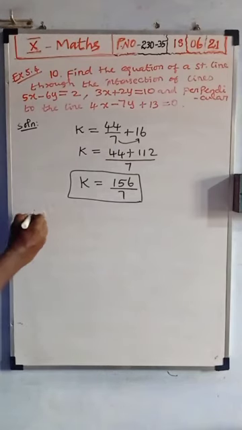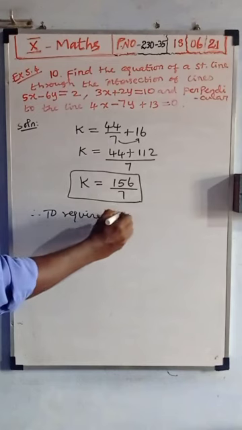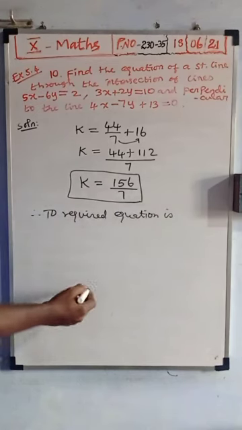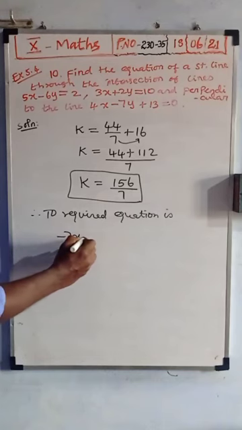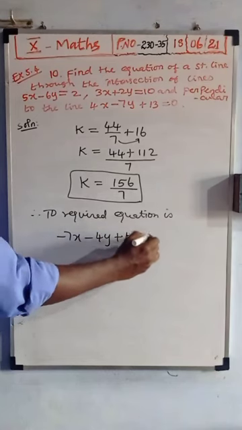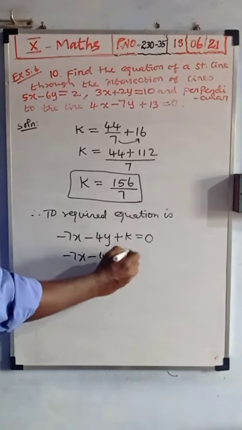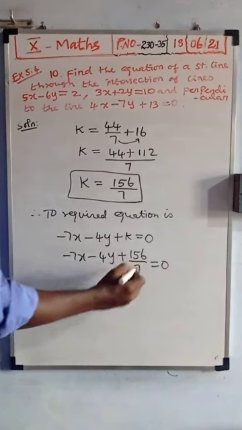Now the required equation is, I have changed the coefficients here: minus 7x minus 4y plus k is equal to 0. Now substitute: minus 7x minus 4y plus 156 divided by 7 is equal to 0.